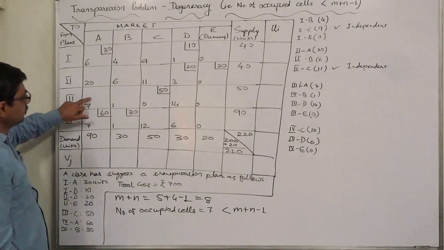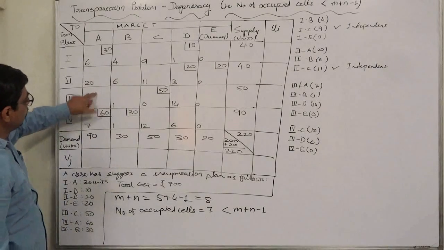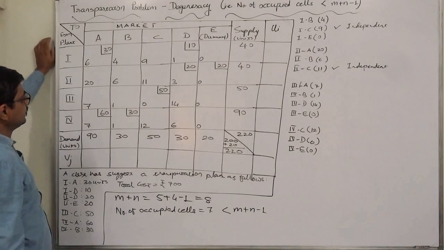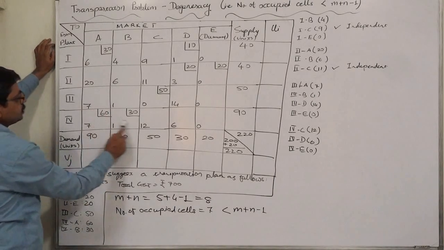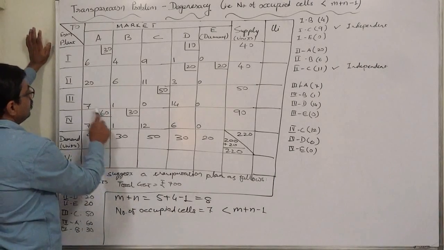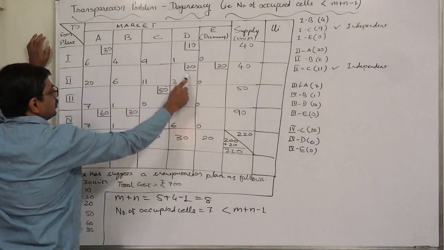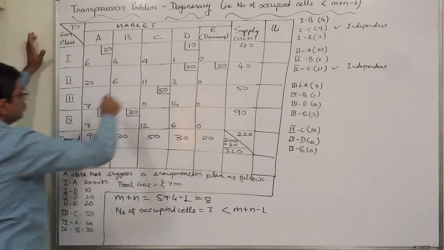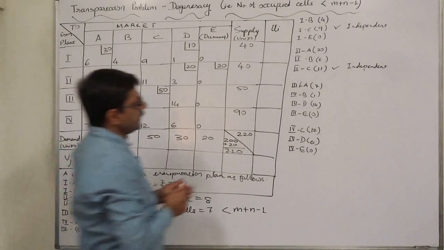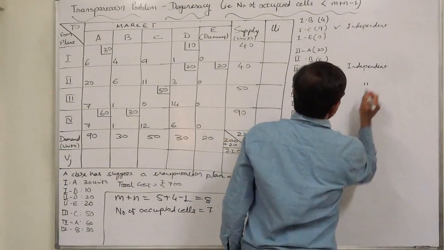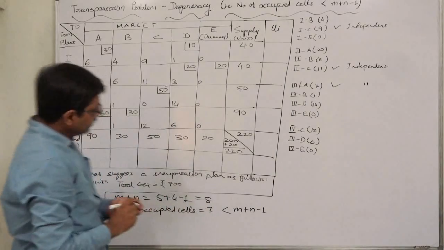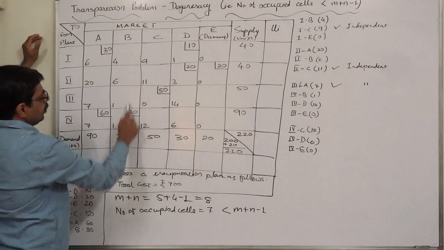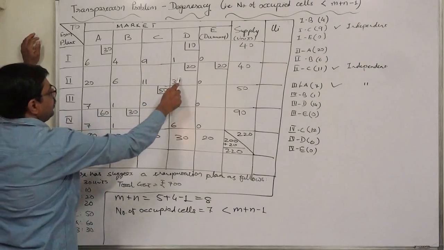3A. Can we draw a closed loop from 3A? Is it possible? 1, 2, that's all. 1, 2, 3, 4. No, we cannot draw a closed loop from 3A. So it is also independent. 3B, is it possible? 1, 2, 3, 4, 5.